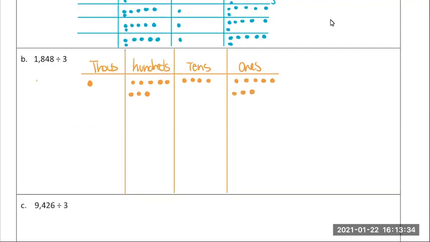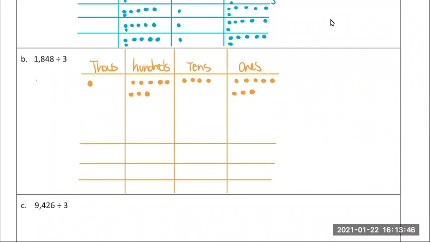At the bottom, we're going to break our groups. We're going to do 3 groups. And then we can divide.